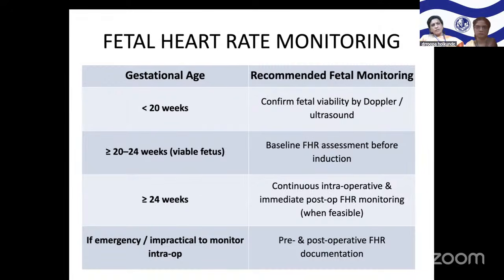In your case, according to the guidelines or recommendations, is continuous intraoperative fetal monitoring possible or not? No, it is not possible, ma'am, as we are operating in the abdominal area. So I prefer to go with the fetal heart rate before the start of the procedure, and immediately after the end of the procedure I'll again monitor the fetal heart rate and document it.